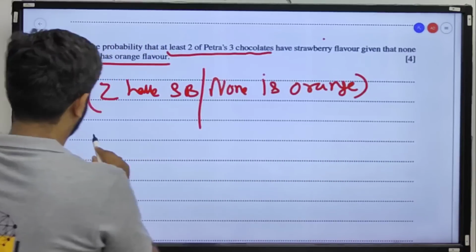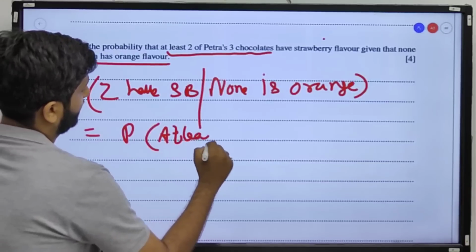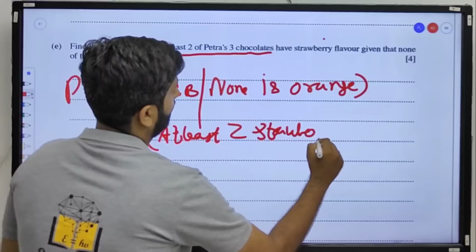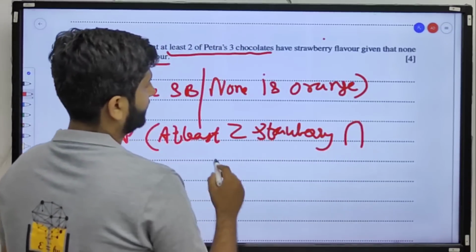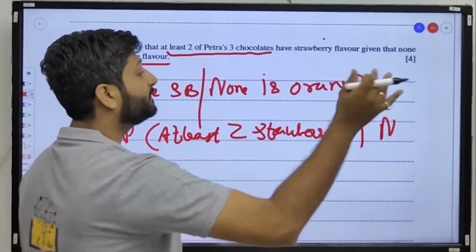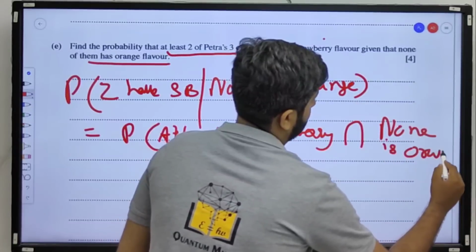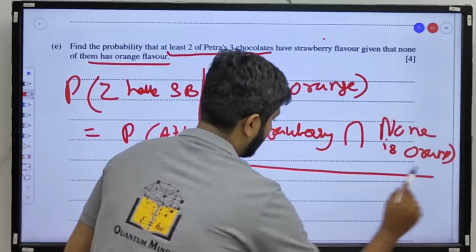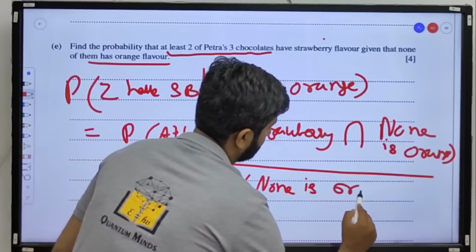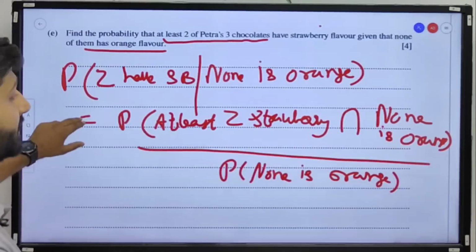So the probability of at least 2 strawberry intersection none being orange, upon the probability of none is orange. Let us find out at least 2 being strawberry and none being orange.